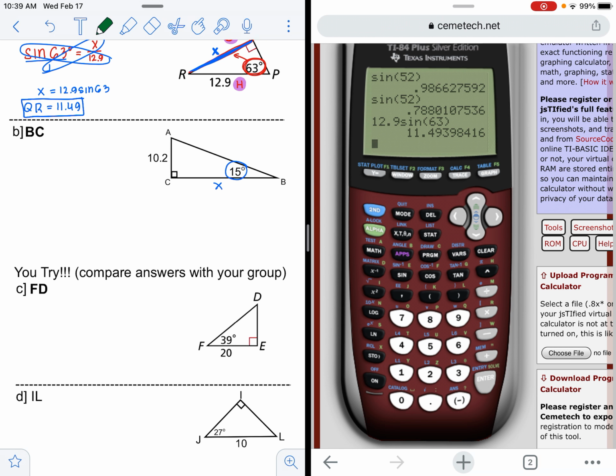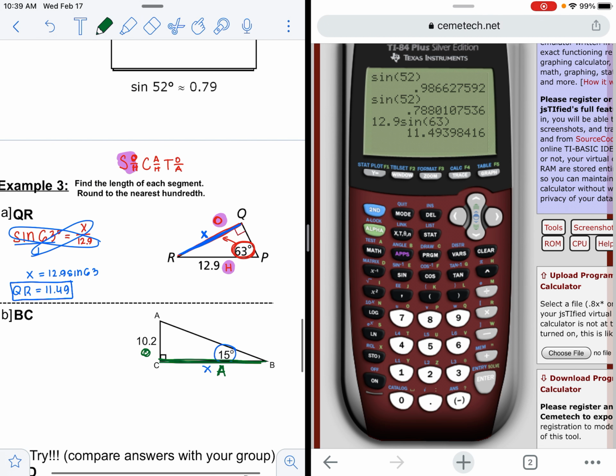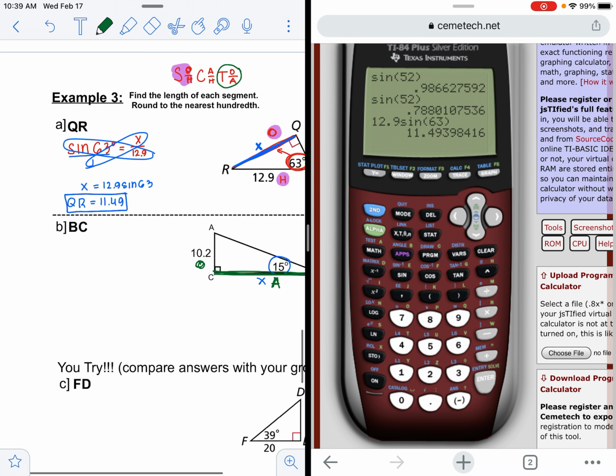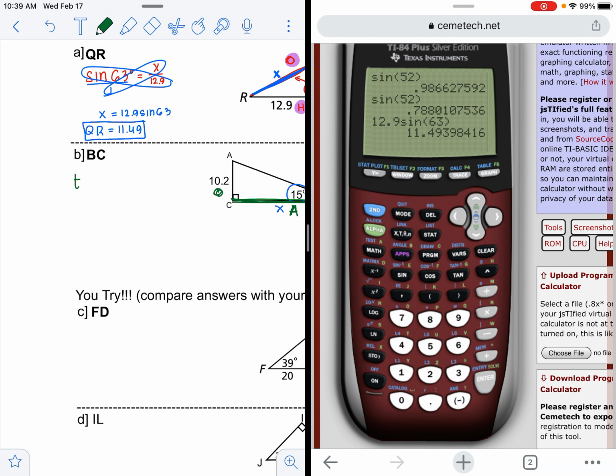Let's start with this one right here. This side is opposite. It doesn't touch the angle at all. If it doesn't touch the angle at all, it has to be the opposite side. So I'm going to put an O there. This side right here touches the angle, so it's the adjacent side. It's not the hypotenuse because the hypotenuse is the long side. Okay, so I have O and I have A. Which trig function uses O and A?